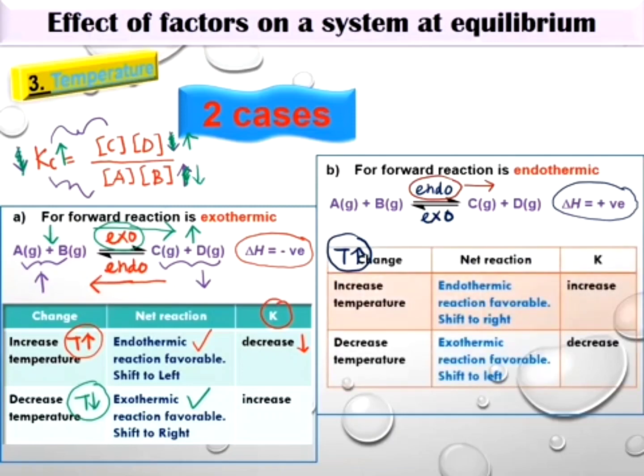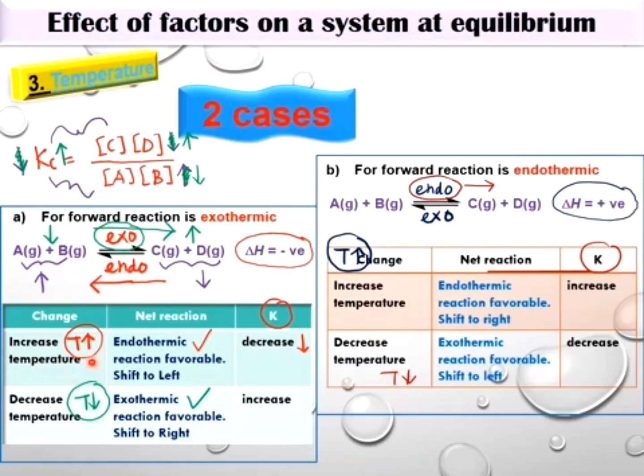Okay? So ini contoh summary dia. If higher temperature, with favorable endothermic reaction, shift to the right. Okay, so why the value of K increase? Tadi saya dah explain. Awak cuba lihat sendiri pula. Okay, boleh? And then if we decrease the temperature, here, it will favorable the exothermic reaction. Sama kelas konsep dia. Cuma yang saya nak tekan kat sini, tengok delta H. Kalau delta H negatif, dia punya forward exothermic.